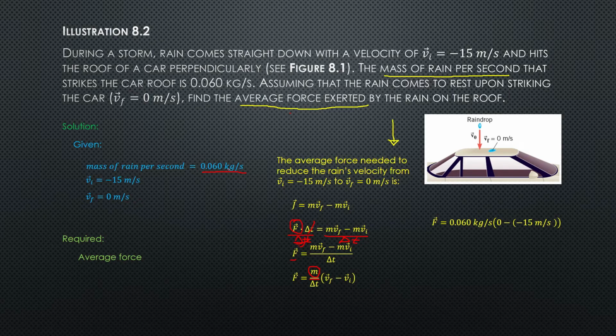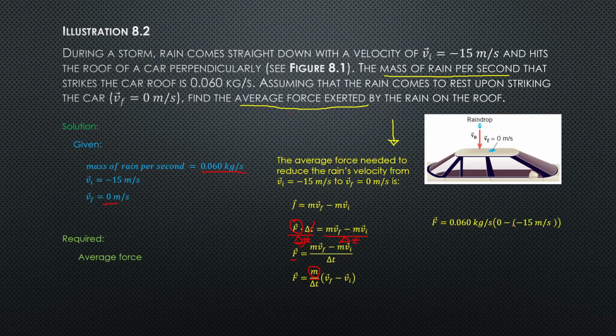So substituting the value of mass of rain per second, mass is kilogram and time is second, so mass all over seconds gives you 0.06 kilogram per second, and the final velocity is 0, minus the initial velocity negative 15.